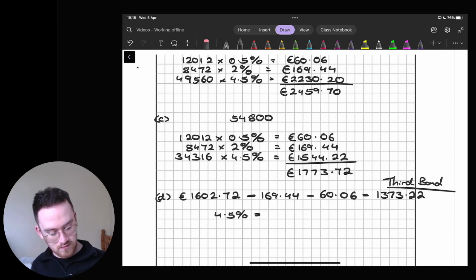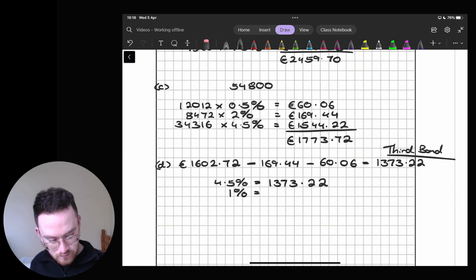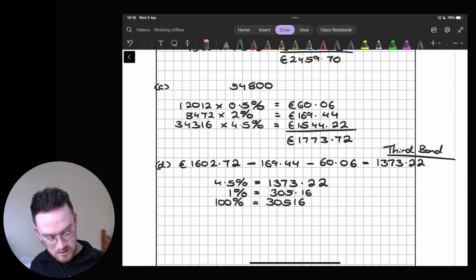So 4.5% of her income in that bracket is €1,373.22. So 1% we divide by 4.5. So 100% gives me 30,516.